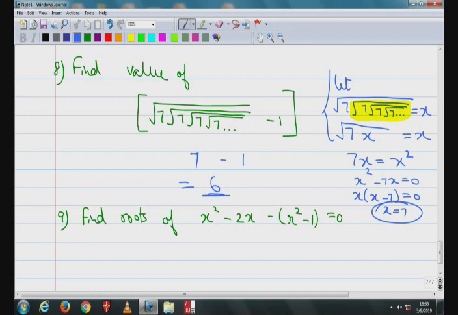You can use the middle term splitting or you can use the quadratic formula. Use the quadratic formula for that one.